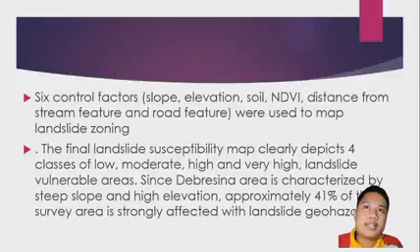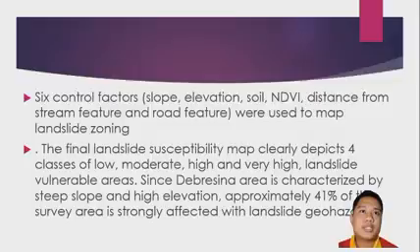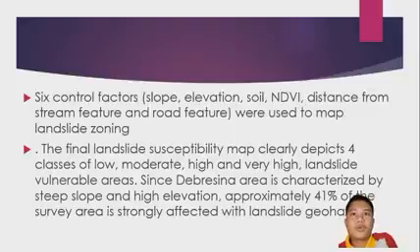So, the final landslide susceptibility map clearly depicts 4 classes of low, moderate, high, and very high landslide vulnerable areas. Yung map ay mayroon siyang low, moderate, high, and very high landslide vulnerable areas. Since the Debrecina area is characterized by steep slope and high elevation, approximately 41% of the survey area is affected with landslide geohazard.